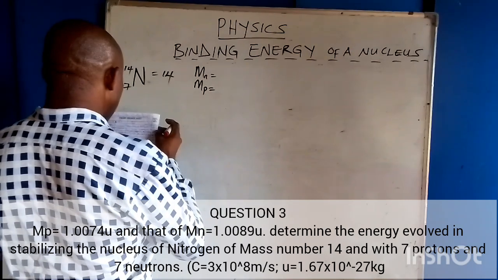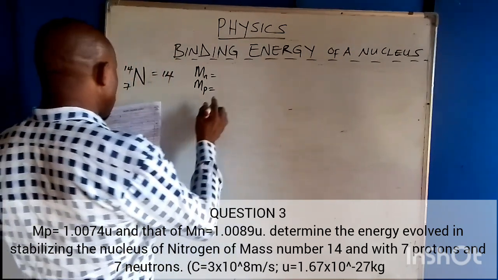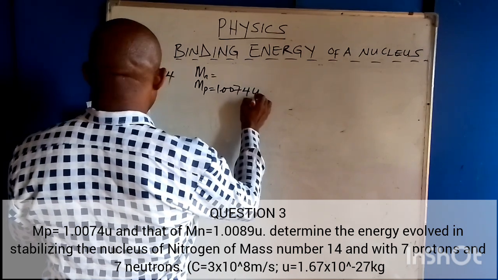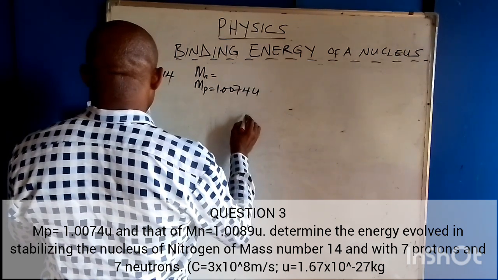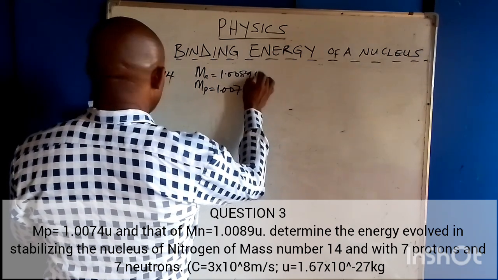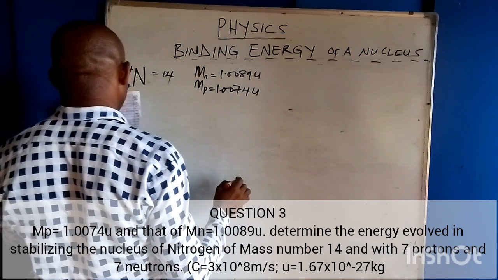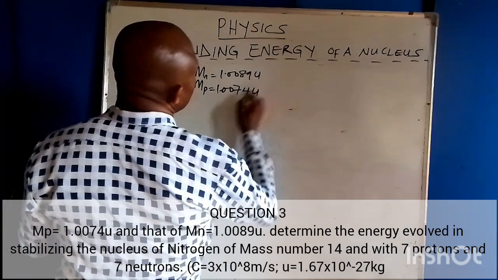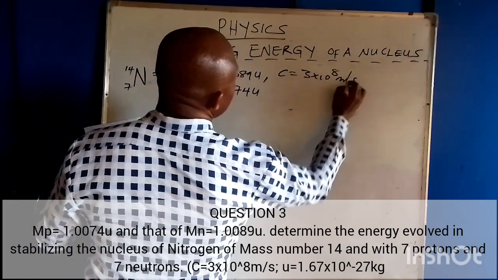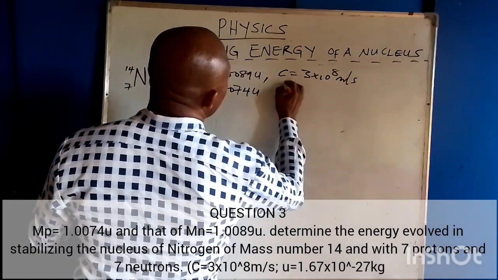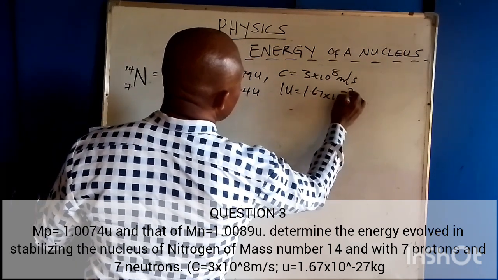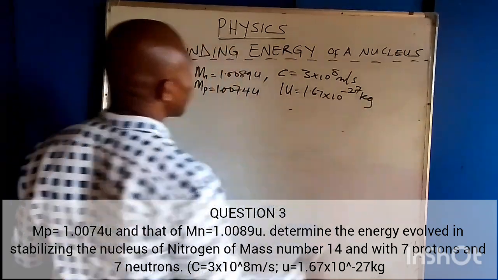So mass of the proton is 1.0074 U, and that of neutron is 1.0089 U. So we want to find the energy involved. Now c is 3 times 10 to the power 8 meters per second. 1 U is 1.67 times 10 to the power minus 27 kg.